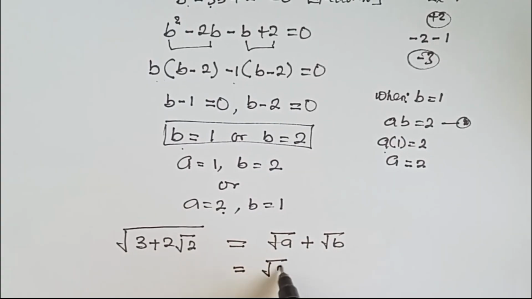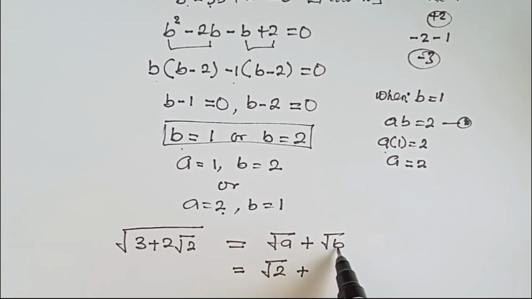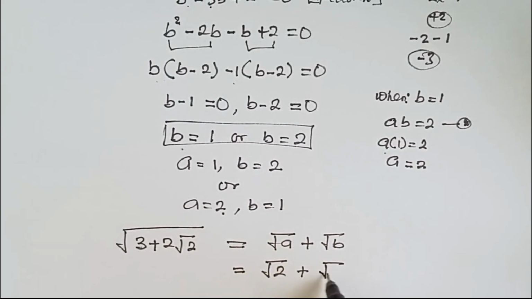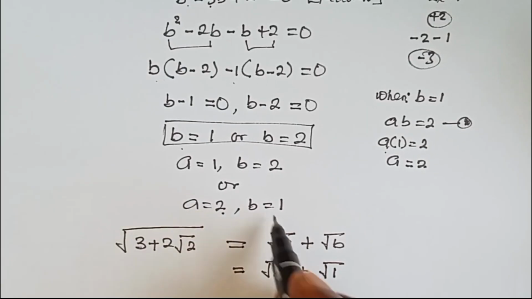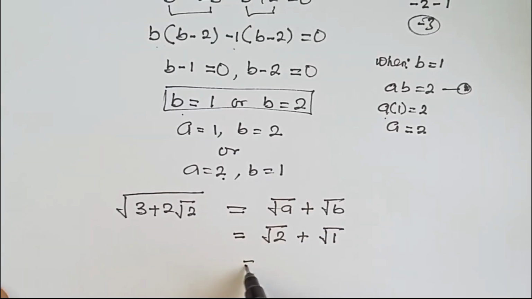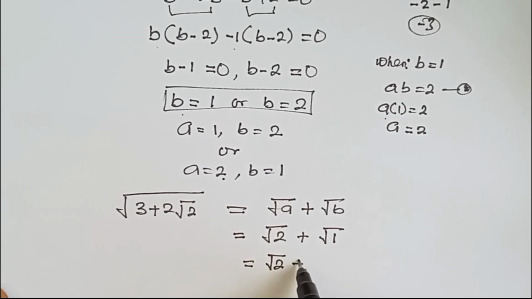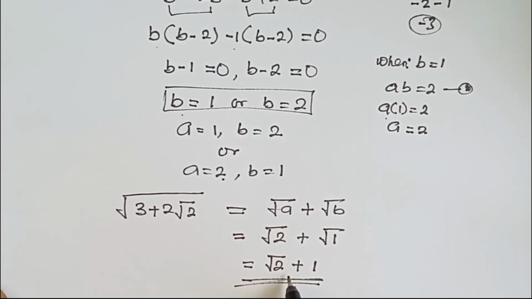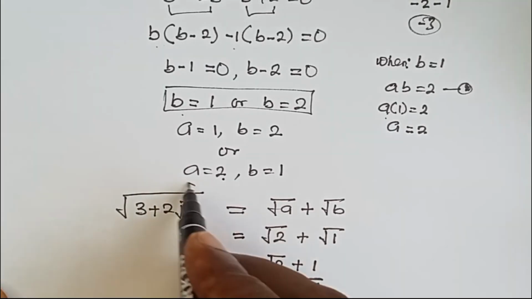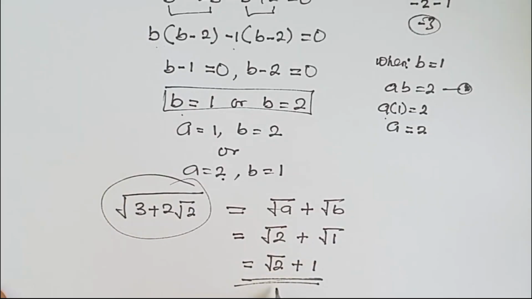Our a is 2, our b is 1. Then we can find the square roots: the square root of 2 plus the square root of 1, which is 1. Our final answer is root 2 plus 1. That is the final answer. It means when you simplify this, the final answer will be root 2 plus 1.